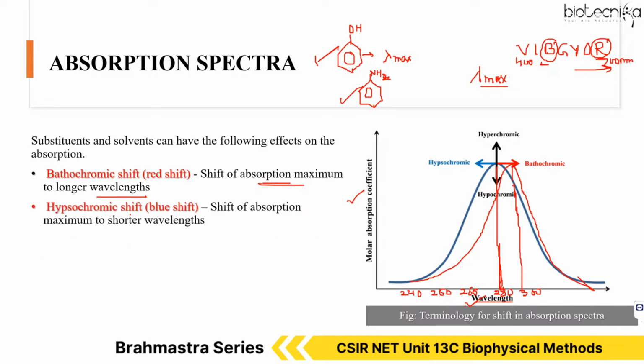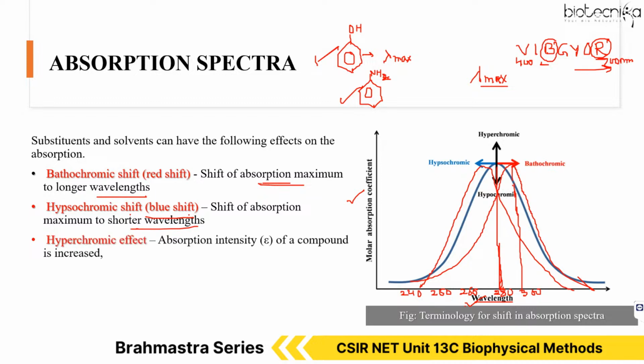On the other hand, hypsochromic, also known as blue shift, refers to the shift of absorption maxima to shorter wavelength. That is, let's say you have 280, but now it shifts from 280 to around 250. So it is blue shift: lambda max shifted to shorter wavelength.